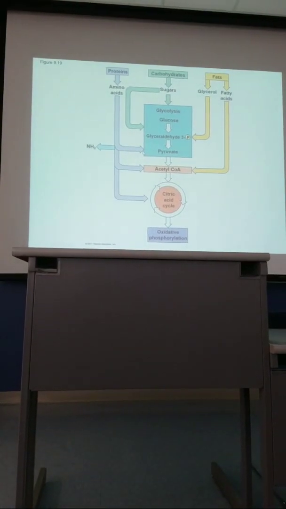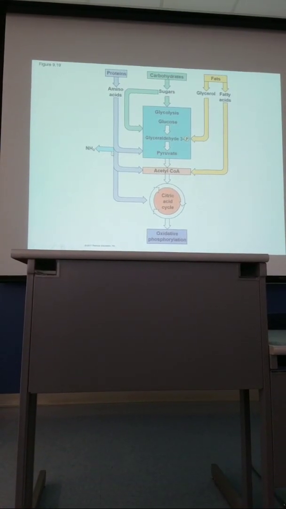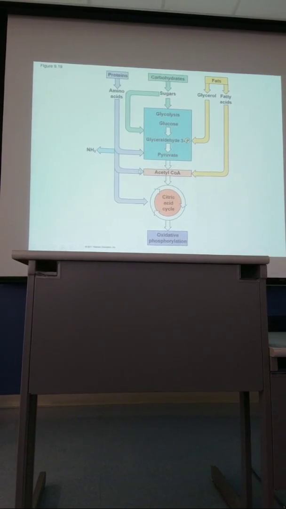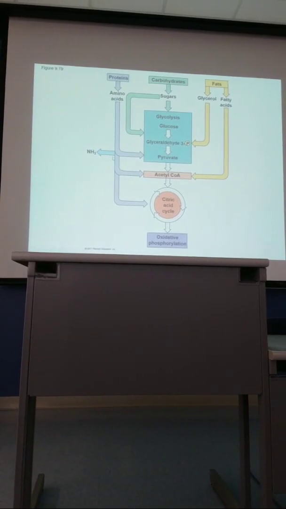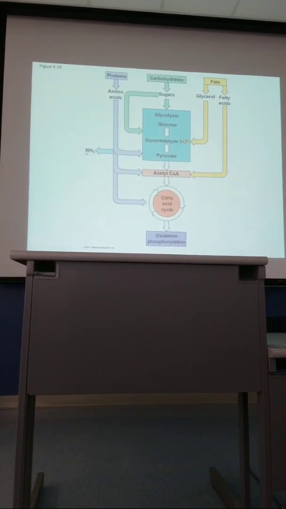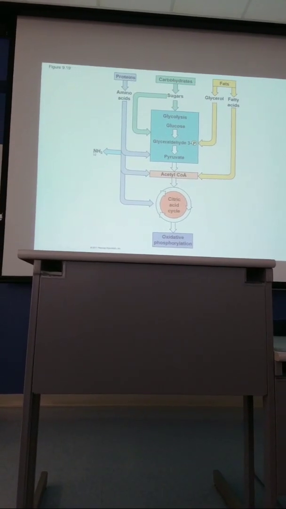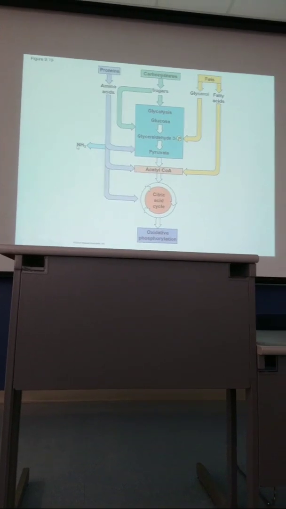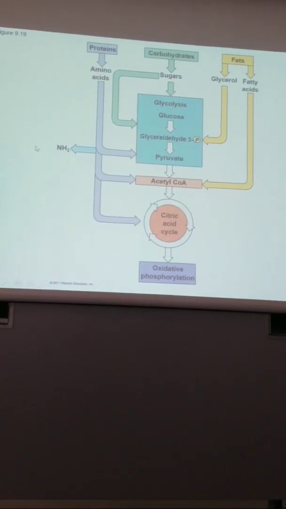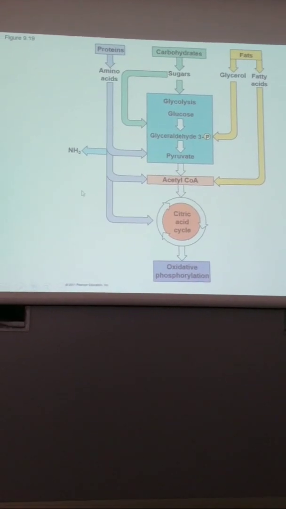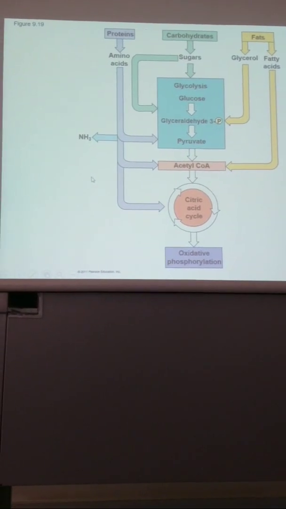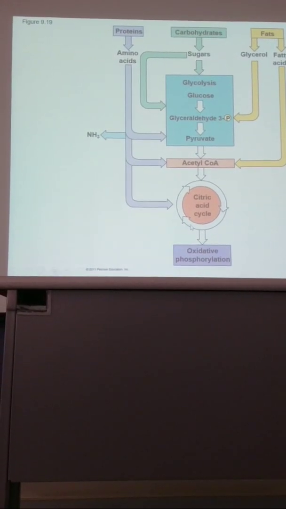Look where they come in. They likewise can be converted to acetyl-CoA. But we have to go through a process called deamination. We have to get rid of the amine, the amino group. We lose a lot of energy right there.